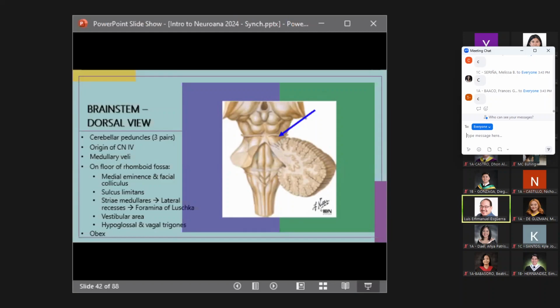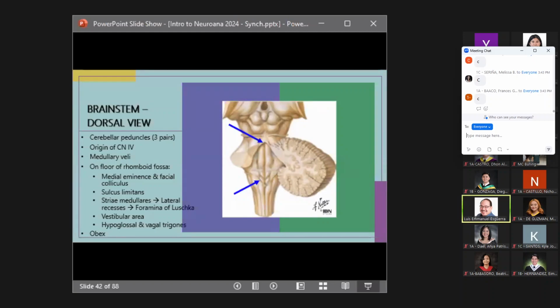There is the medullary velum to cover the space of the fourth ventricle because it's filled with cerebrospinal fluid. So you have the brainstem and the cerebellum, but there has to be a roof to cover it. That's the medullary velum, the superior and inferior, or anterior and posterior.